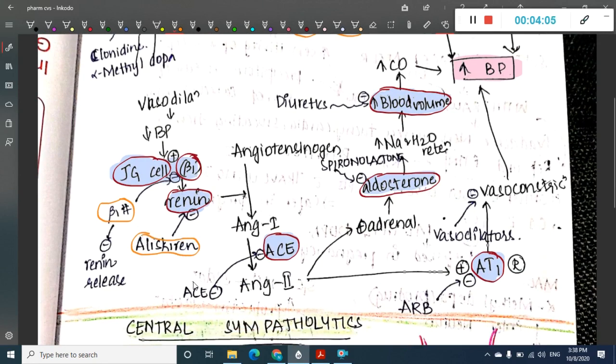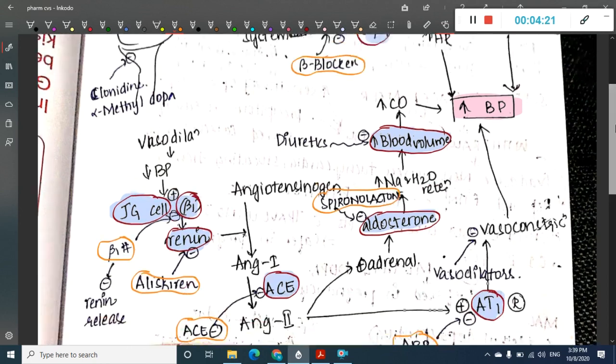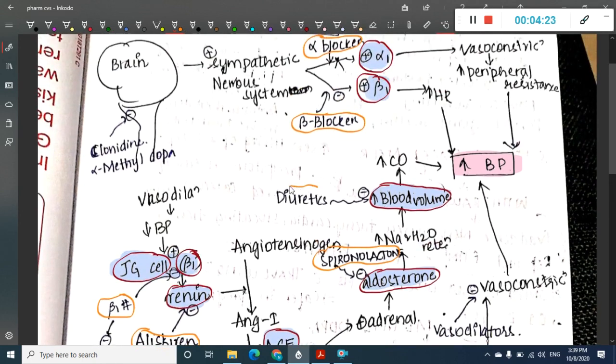Then angiotensin converting enzyme is blocked by angiotensin converting enzyme inhibitors. The AT1 receptor is blocked by angiotensin receptor blockers. Aldosterone is blocked by spironolactone. Then blood volume is decreased by diuretics by promoting excretion of water and sodium.